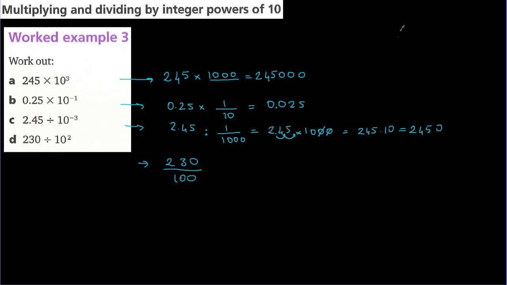How you were moving the decimal point to the left side, you are going to do the same thing here. When you divide by this one, you are going to put the decimal point here. When you divide by this one, then you are going to put the decimal point here. So it becomes like 2.3 divided by 1, which is equal to 2.3.